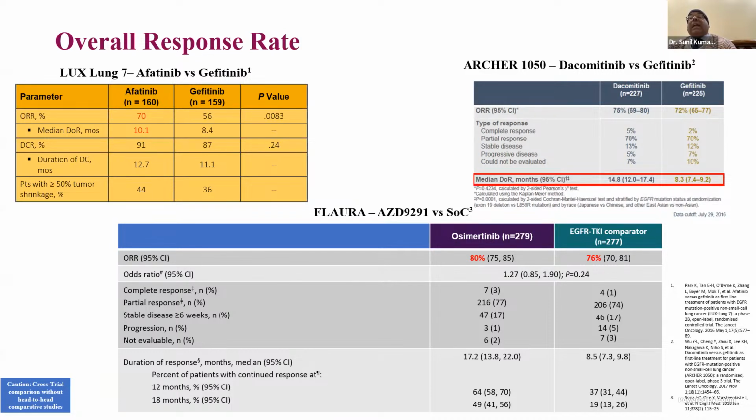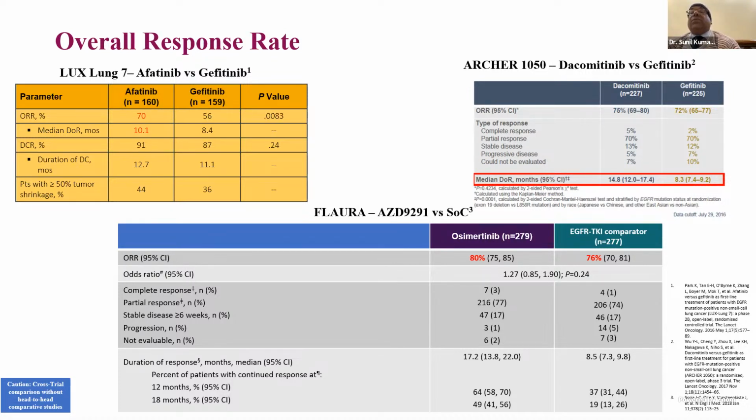Disease control rate 91%, 87%. Duration of disease control 12.7 months versus 11.1. And patients with more than 50% tumor shrinkage: afatinib 44%, gefitinib 36%. Means you can say it's almost the same. If you see dacomitinib versus gefitinib, the median duration of response was 14.8 versus 8.3.